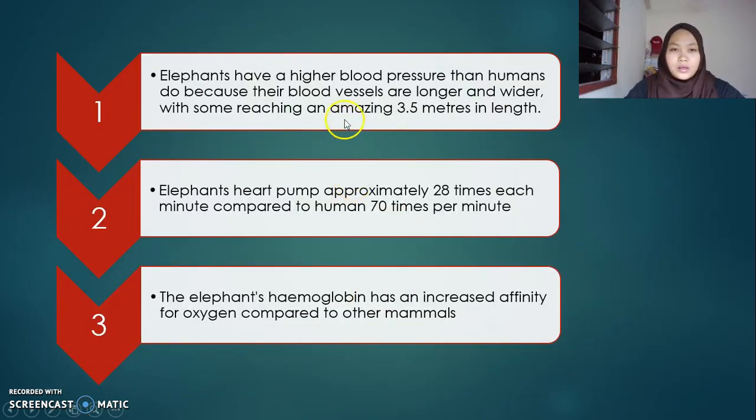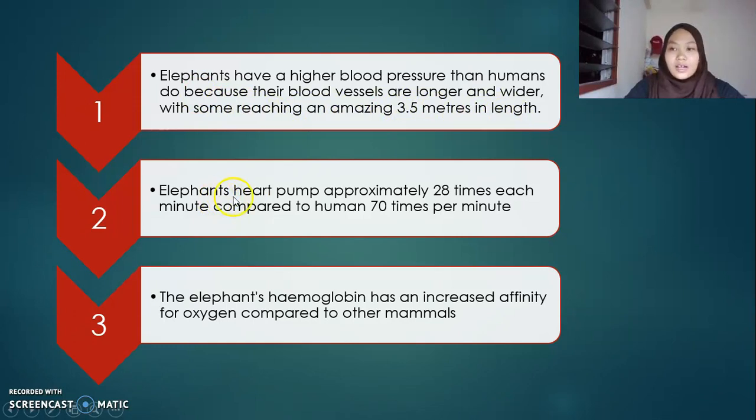So, although they have similarities, elephants also have some differences from humans. Elephants have higher blood pressure than humans because their blood vessels are longer and wider, with some reaching an amazing 3.5 meters in length.